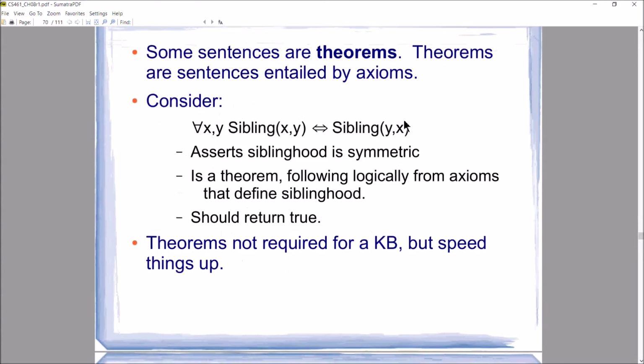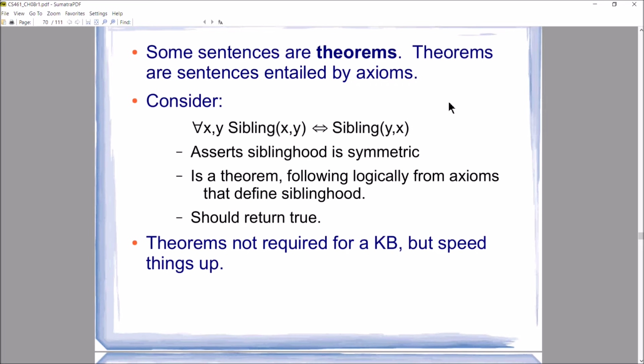So let's consider for all x and y, you're trying to state that there is a bidirectional relationship. If some entity x is the sibling of some other entity y, that's going to be true if and only if entity y is the sibling of x.